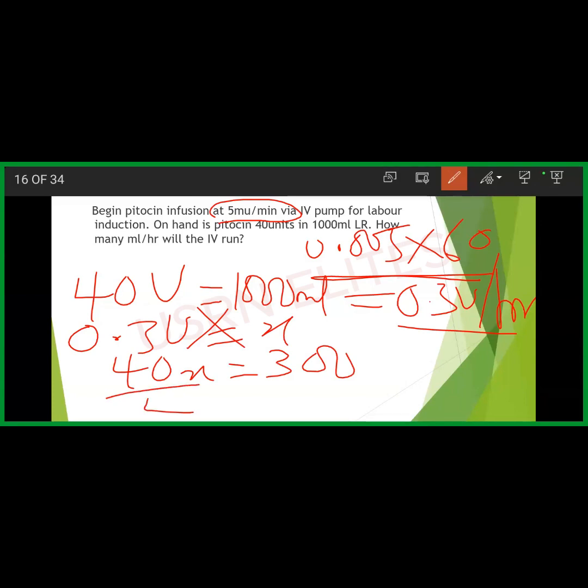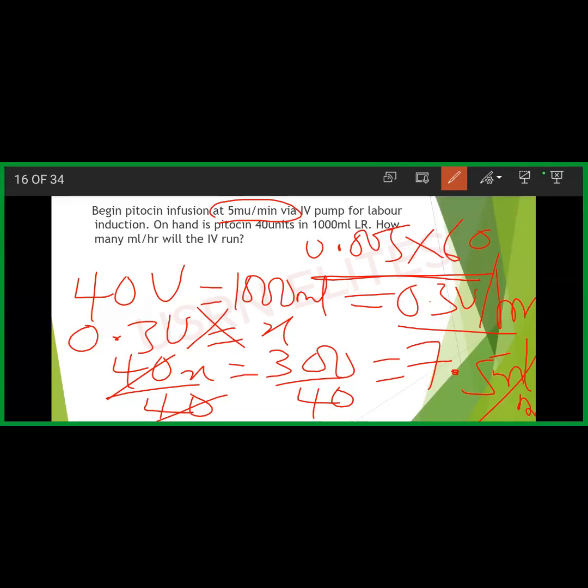Divide both sides by 40. Here 300 by 40. What are you getting? 7.5. So 7.5 mils per hour. This is how you should set your infusion pump. Any question on this one?